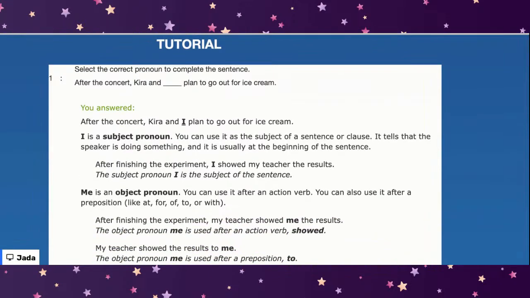So I is the subject pronoun. You can use it as the subject of a sentence or clause. It tells that the speaker is doing something and it is usually at the beginning of the sentence.